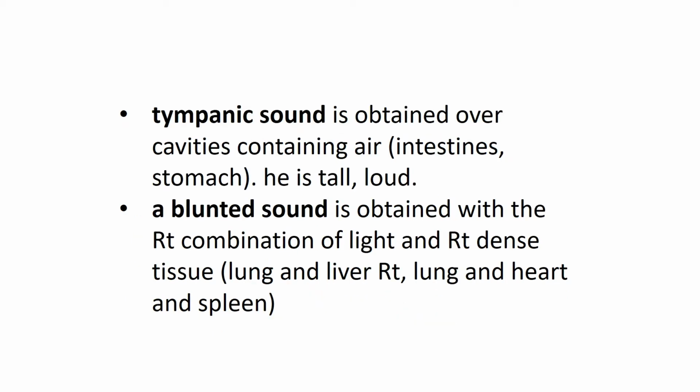The tympanic sound is obtained over cavities containing air, like the intestine and stomach. It is high and loud. A blunted sound is obtained over a combination of light and dense tissue, like lung and liver, lung and heart, and spleen.